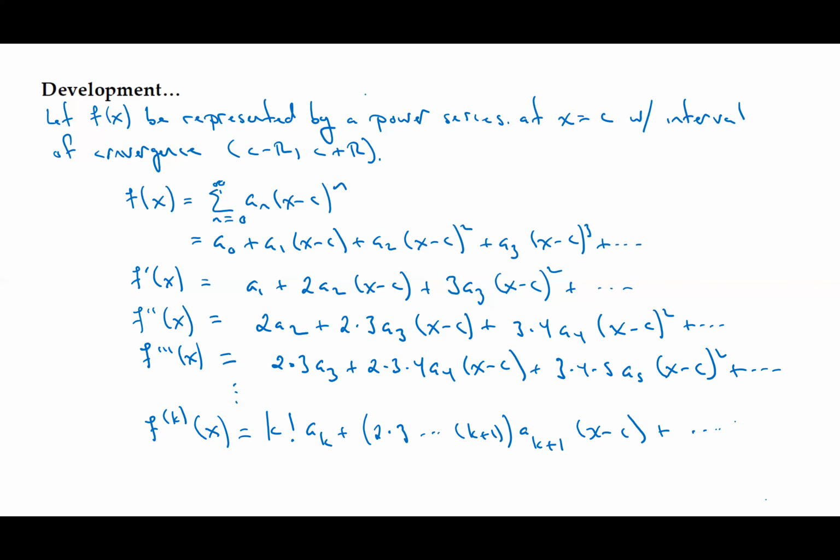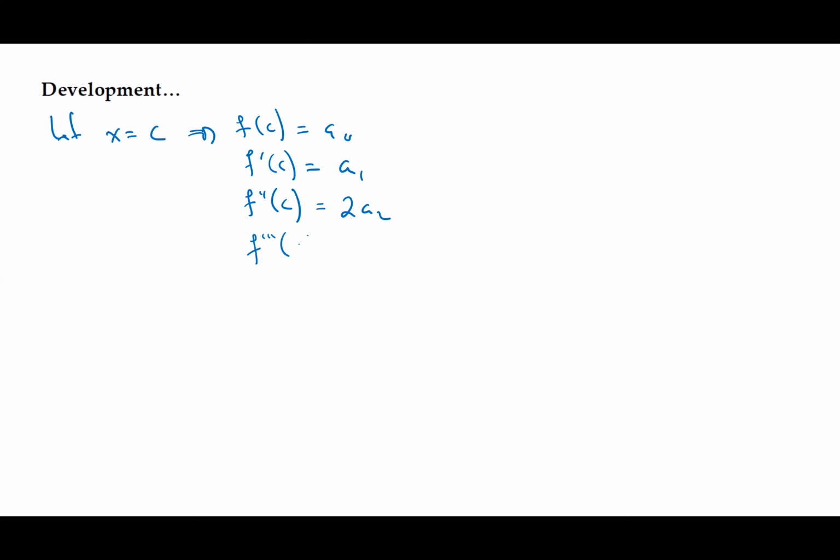Well, let x equal c. And when we do that, watch what happens. We're going to get f of c equals a0, f prime of c equals a1, f double prime of c equals 2a2, f triple prime of c equals 2 times 3 a3.